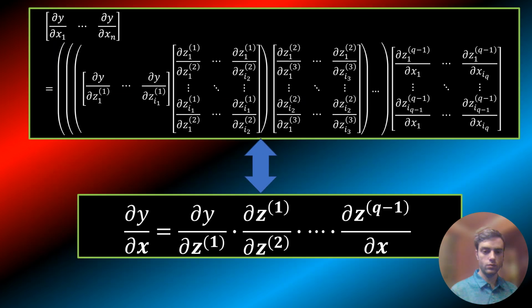All right, so we can represent the gradient, the partial derivative of y with respect to the vector x, with the multiplication of Jacobians until you reach your target variable x.